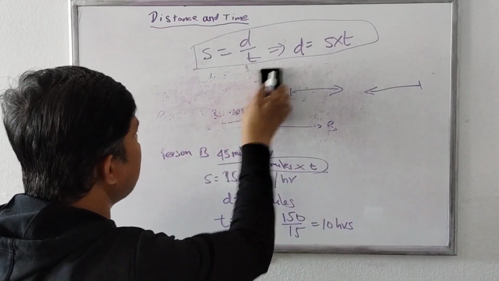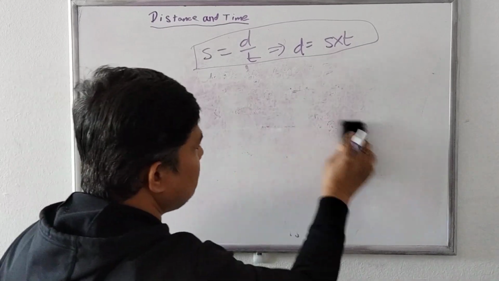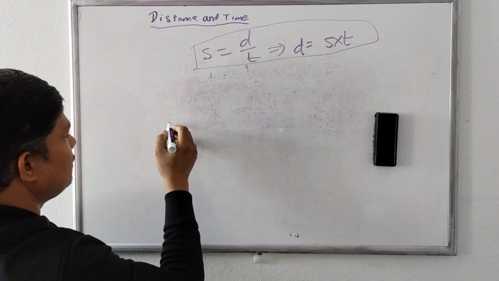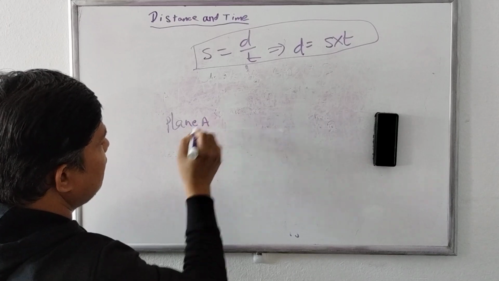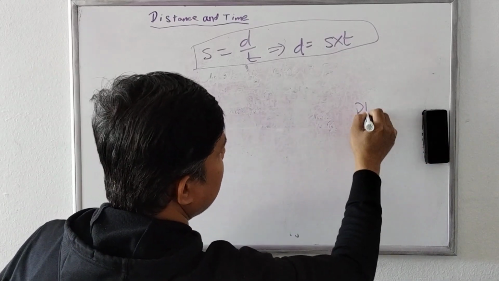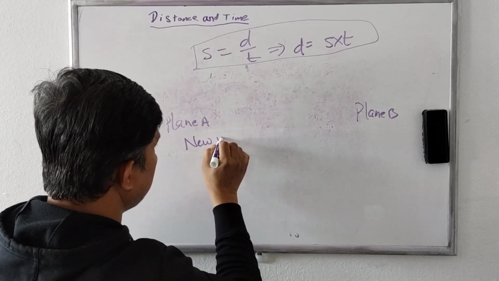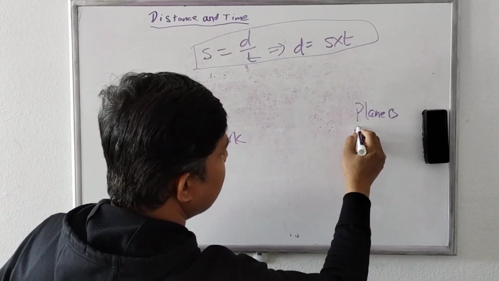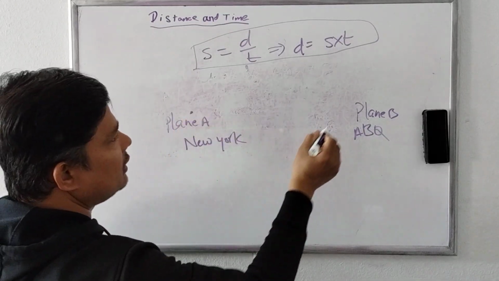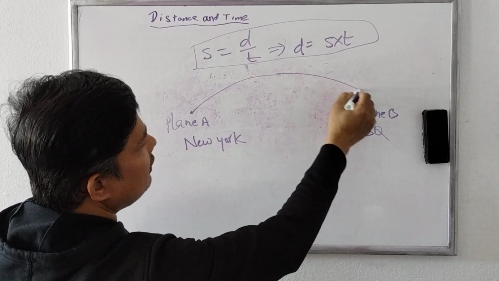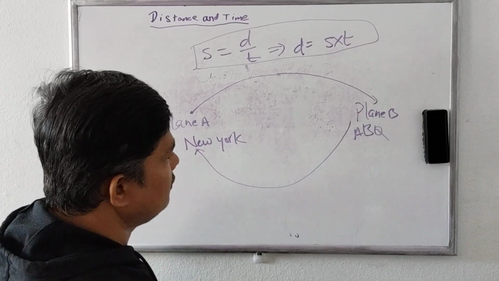Let's focus on some examples, then you will understand it more. Okay, two planes, one is plane A, another plane is here. Let's call it New York, and this one is Albuquerque, ABQ. So this plane starts from New York, and this plane starts from Albuquerque and comes to this place.